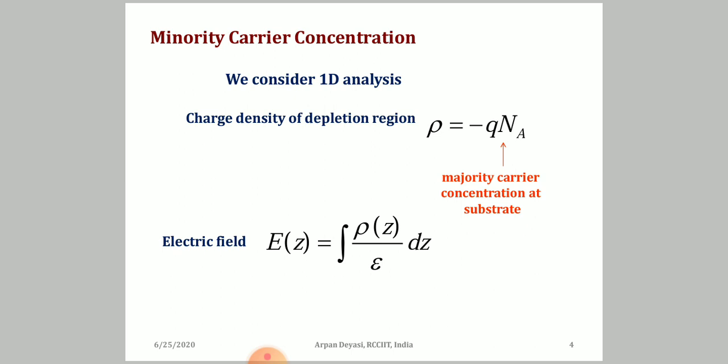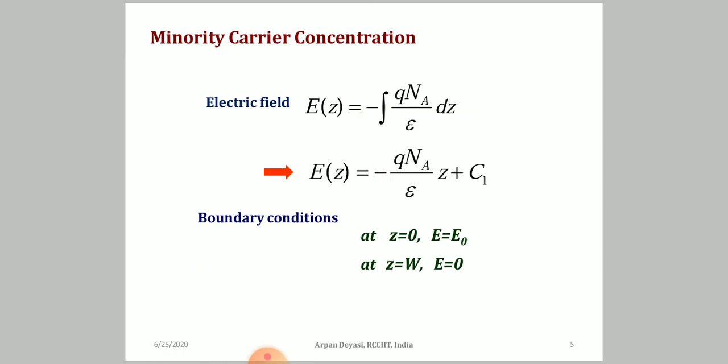Once I substitute the value of rho, which is minus q NA, Ez will be the integral of minus q NA by epsilon dz, and if I integrate, there will be an integration constant, C1. So you get Ez equals some value of z plus some constant.